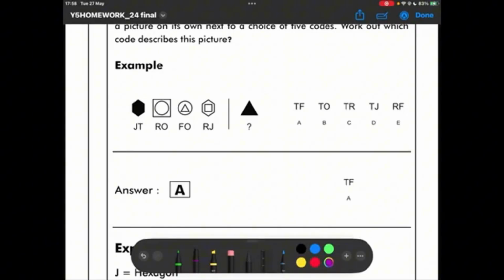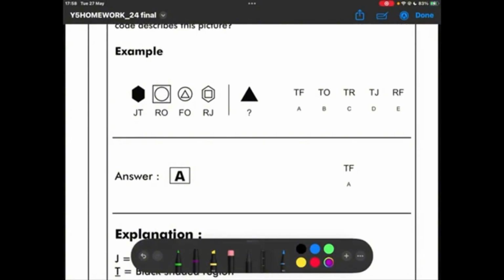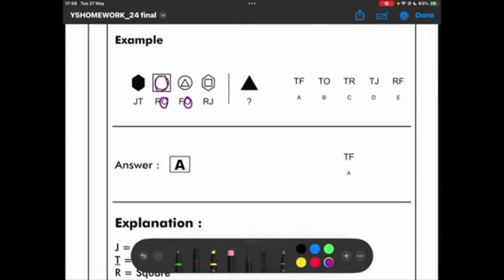Then let's look at the second letter. So these two both have an O as the second letter, and they both have a circle.